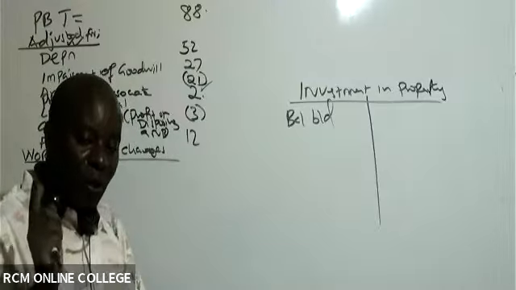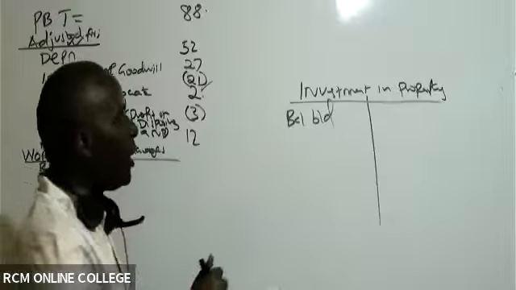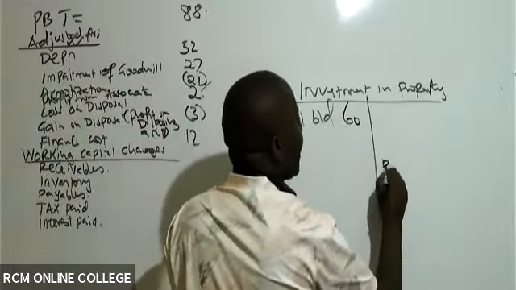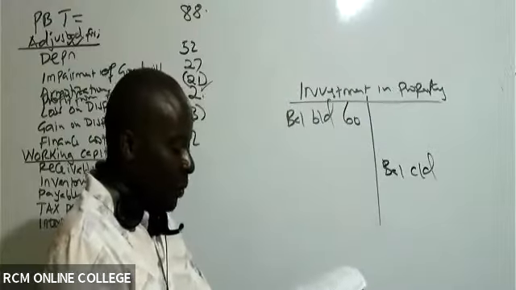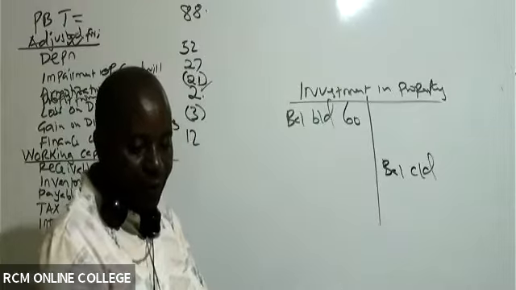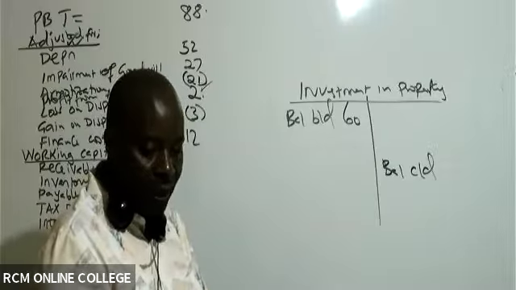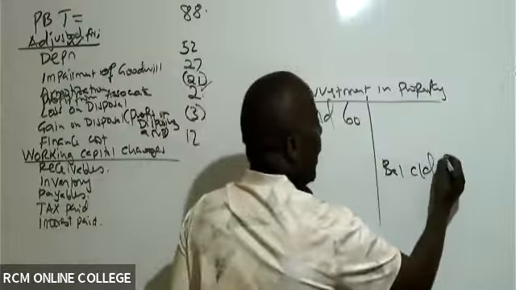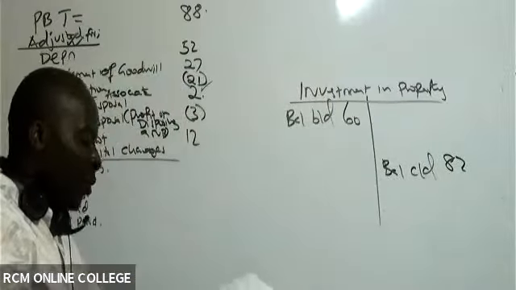Remember, brought down is 2021. So investment properties brought down here we have 60. How about balance carried down? It's 82. Is there any investment in property that we acquired?